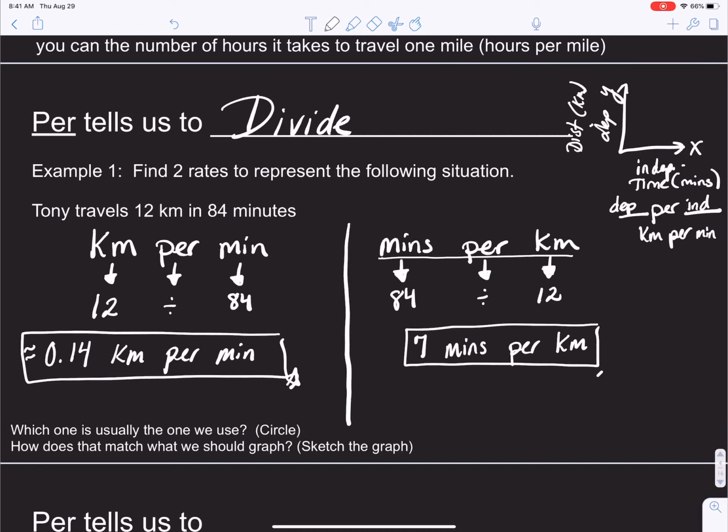So it's helpful to look at the scenario we're given and think about which one is dependent and which one is independent if we're using that to make a table, a graph, or an equation. If we only needed to use the unit rate to solve the problem, then it doesn't matter which one we use, okay?